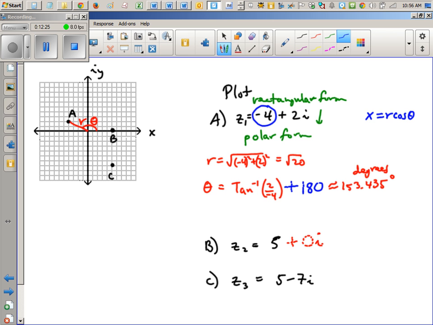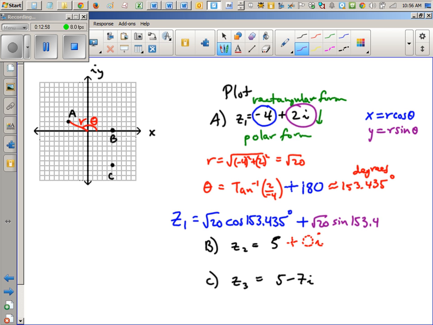So I'm going to rewrite z1, here we go, as root 20 cosine 153.435 degrees plus, and then instead of 2i up here in purple, since that 2 represents my y, and y is r sine theta, I'm going to write root 20 sine 153.435. And I won't forget the i.